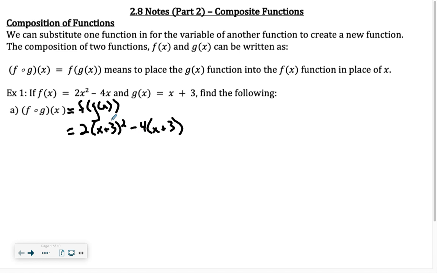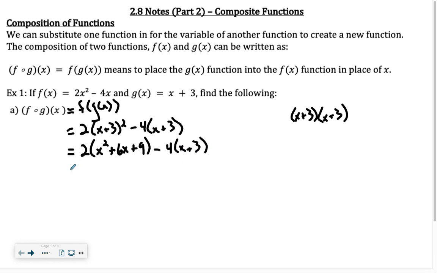So I would want to square this out. And remember, our shortcut for that is square the first, take 2 times the product of the 2. So the product of these would be 3x, and then 2 times 3x would be 6x, and then square the last. And again, if you don't remember that shortcut, you can always come off to the side and just write this as x plus 3 times x plus 3 and multiply it out. All right? Then we've got minus 4 times x plus 3.